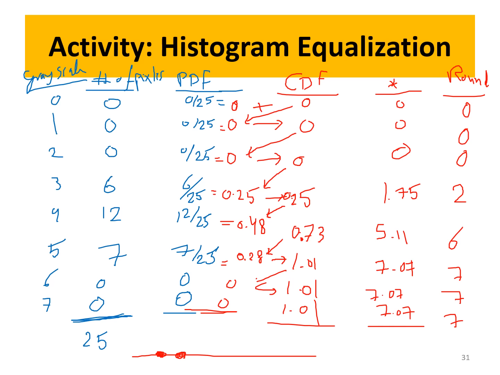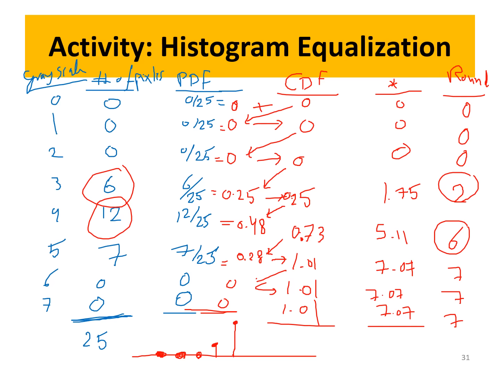At 2, we have also 0. At 3, instead of 6, what do we have? 2. So that's 1, 2. At 4, we have, instead of 12, what are we getting? 6, right? We are replacing these. So 1, 2, 3, 4, 5, 6.